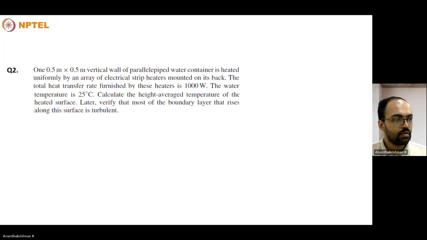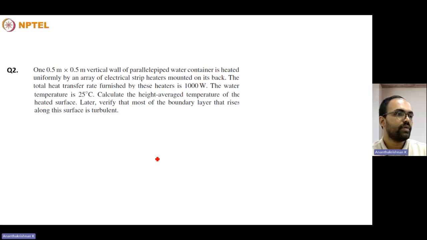Look into the second problem. A 1.5 by 0.5 meter vertical wall of a water container is heated uniformly by an array of electrical strip heaters mounted on its back.